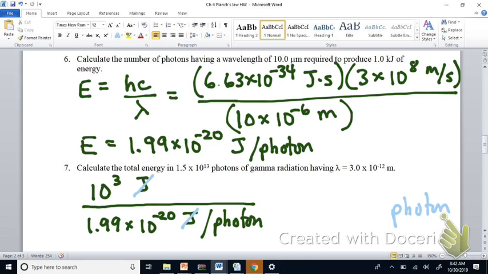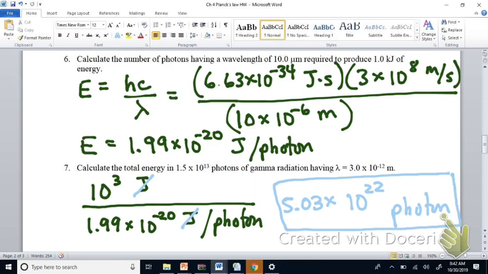And I get an answer of 5.03 times 10 to the 22 photons. So that would be the answer for question number 6.